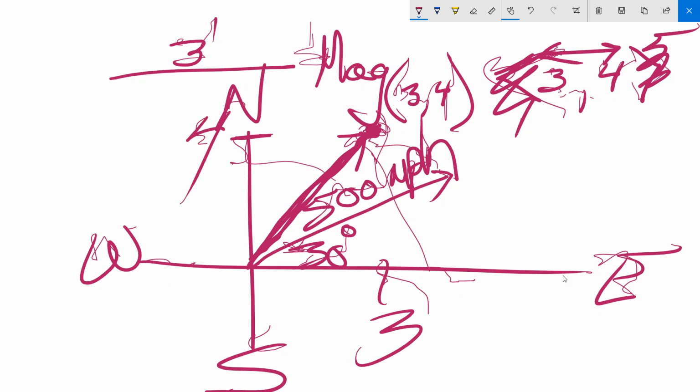That magnitude is 5. What's the direction? Turns out that that angle is approximately 53 degrees. So you could say that that's a vector of magnitude 5 and a 53-degree angle. But just remember, vectors always have magnitude and direction, not just magnitude.